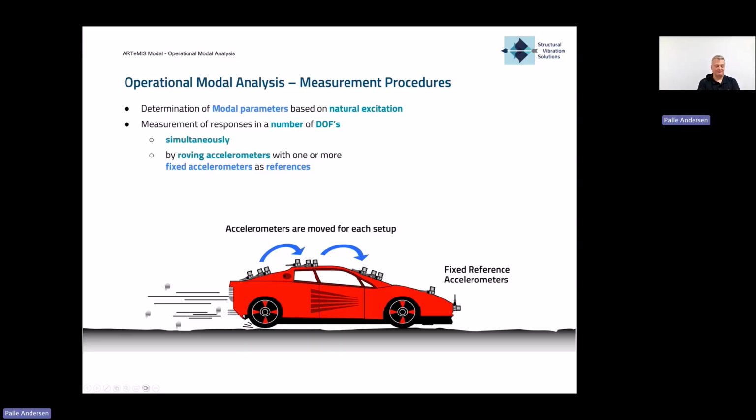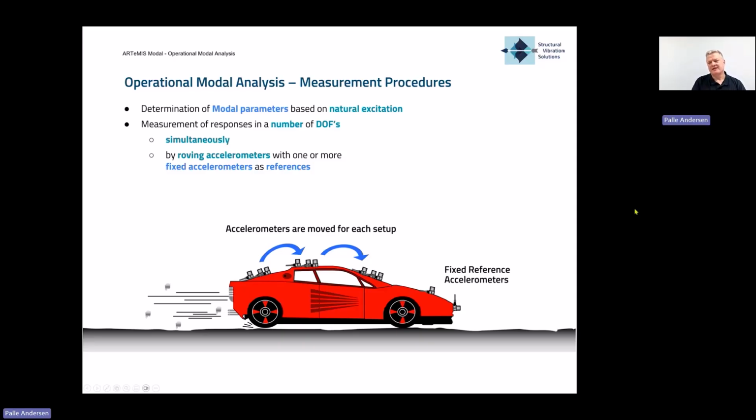Of course, if we have plenty of sensors, it's not a problem because we just put them on the structure in the points we would like to know, and then we do a measurement, and that's it. Then we will have all the different mode shape degrees of freedom estimated in a single analysis and measurement. But when it's not the case, we will have to use something we call multi-setup testing.